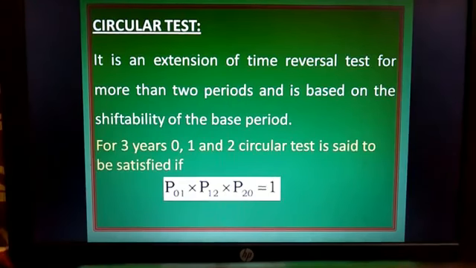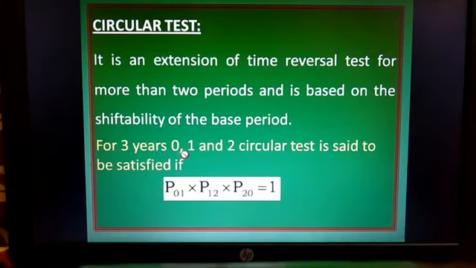It is an extension part of time reversal test for more than 2 periods. Here we are observing 3 periods, 0, 1 and 2. So how can it happen? In circular way, observe the cursor, students. Here 0 and 1, then 1 and 2, then this 2 and 0.